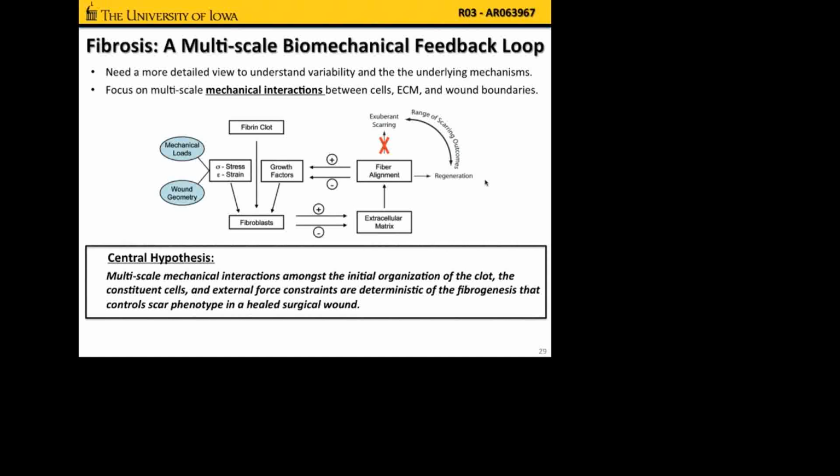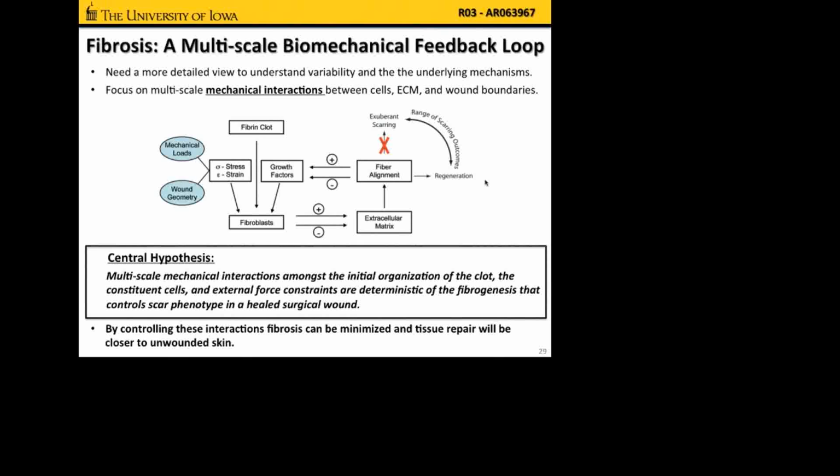And the difference in thinking here as opposed to what I showed you in the previous slide is that in addition to the wounding that's occurring, the mechanical environment occurring around the wound site, the idea here is that the initial conditions that come together in hemostasis and forming the clot basically frame the remodeling outcome space that you can have. And so as a corollary of this hypothesis, if we can control these interactions, then fibrosis can be minimized and tissue repair can be closer to the unwounded skin.